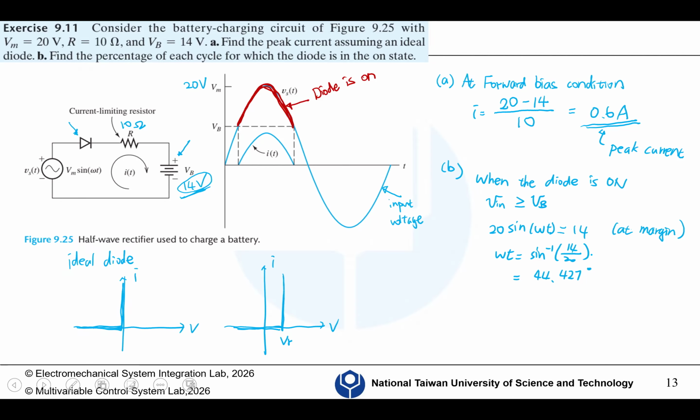Another condition is 180 minus 44.427 degrees, which is 135.573 degrees.